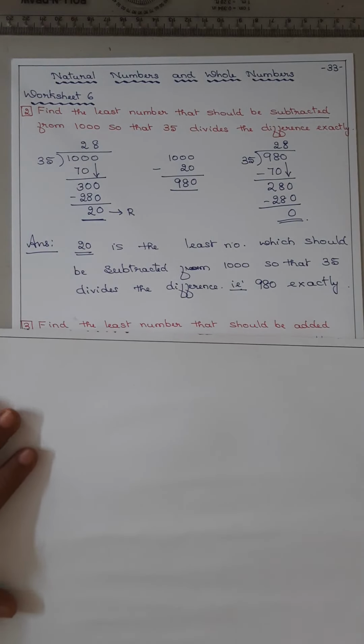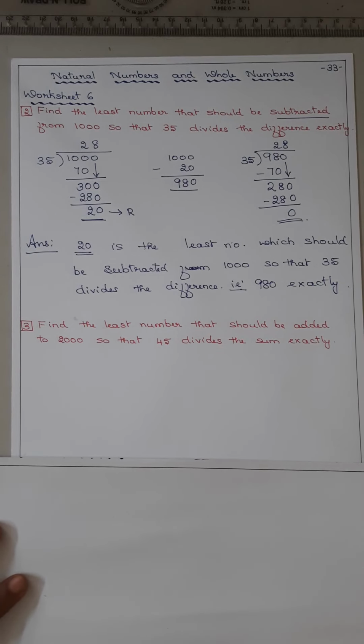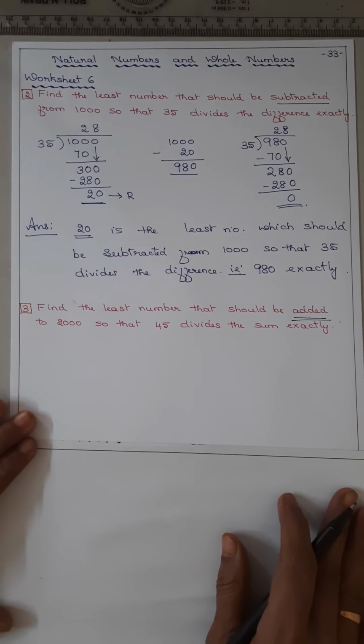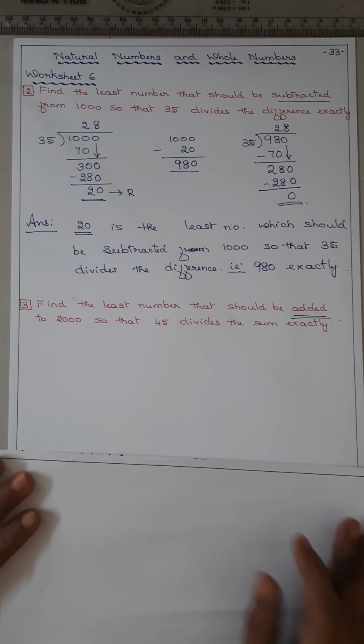Okay. Now coming to the third sum. It is: find the least number that should be added to 2000 so that 45 divides the sum exactly.